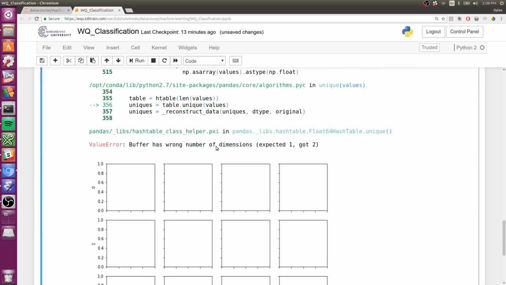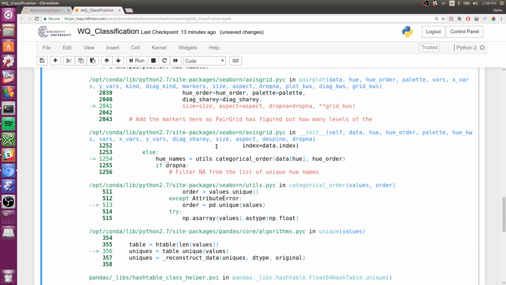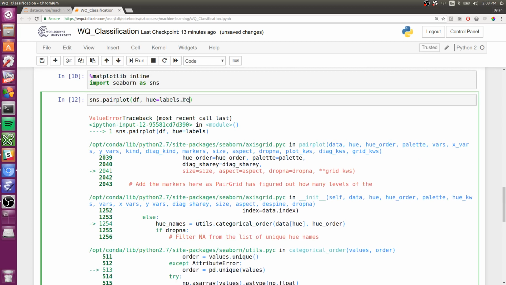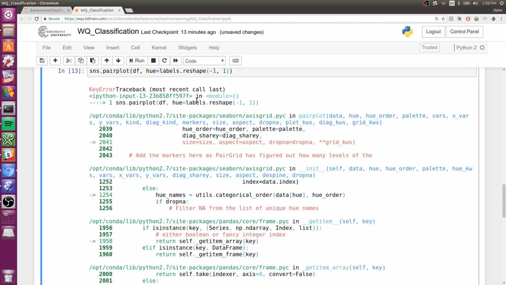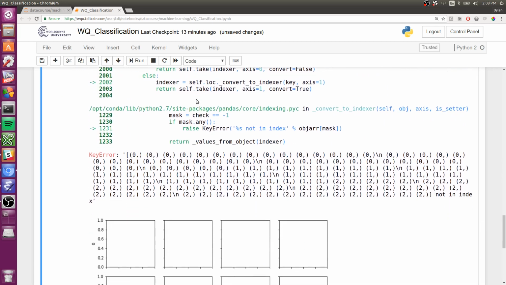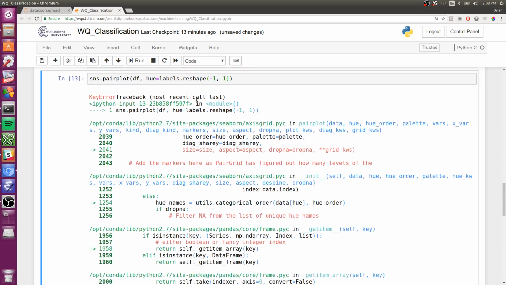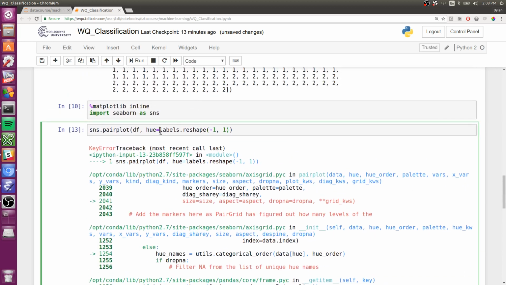So that's not going to work. Turn this into a series. Index equals df.index.